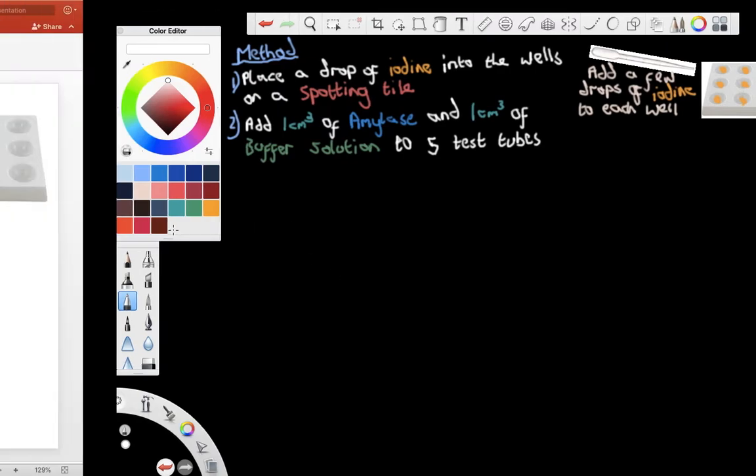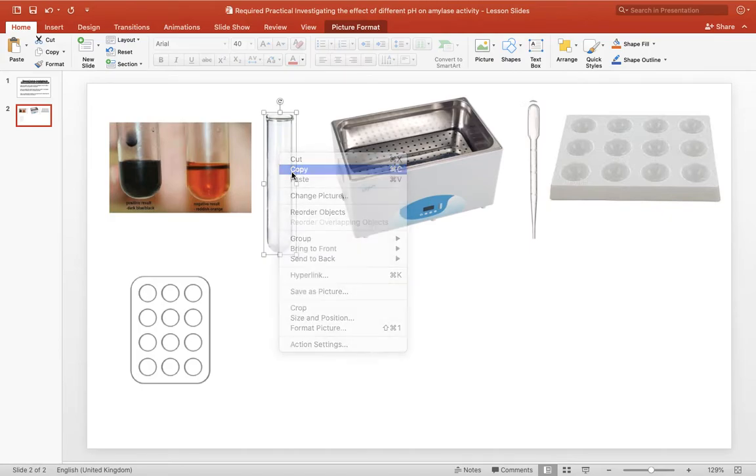So I'm going to take my boiling tubes, which look like this. I'm going to take 5 of them.